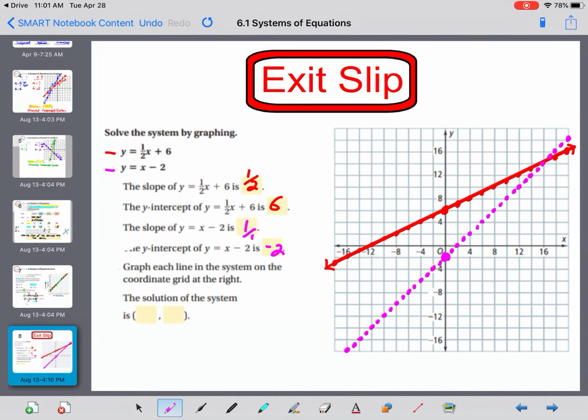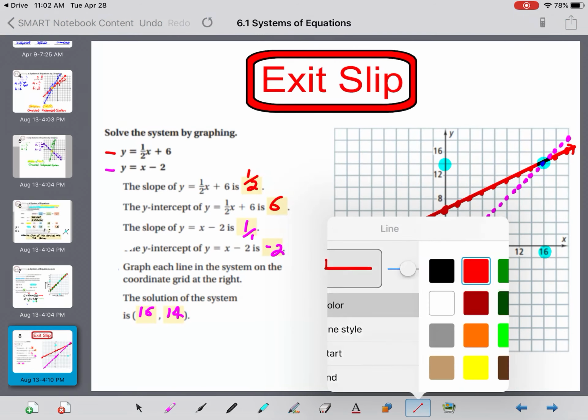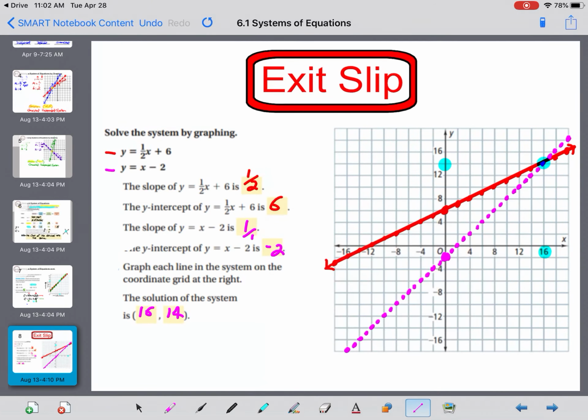All right. So the intersection point that we can see is actually right here. And that's at the point 16, and what's in between 12 and 16 would be 14. So 16, 14. Just connect your purple line, and we'll label.